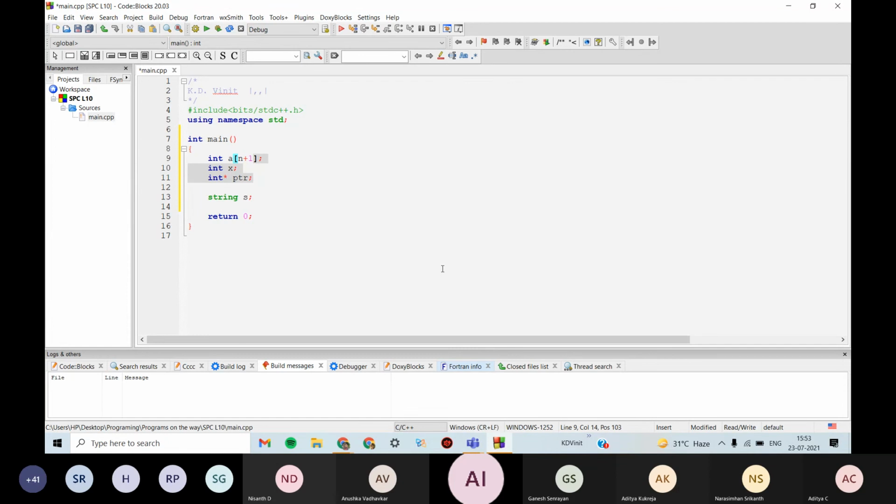Any kind of language will have these three things: a variable, an array of defined variables, and a pointer to a variable. So these are the basic things. After that, whatever you see is a different way of implementation in each of the languages using some libraries or some functions made by them. So these are the basics.